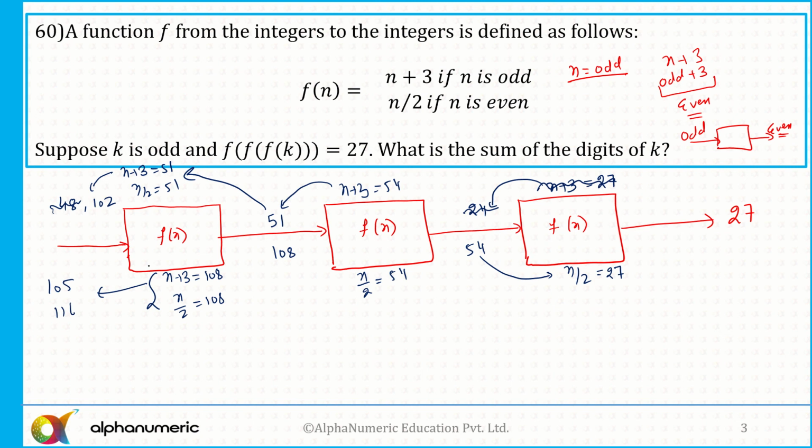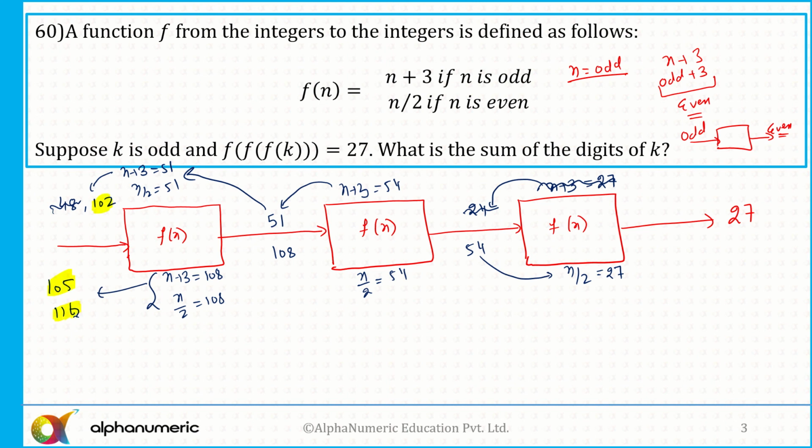Why? Because 105 is an odd number, so 105 plus 3 is 108. And 216 is an even number, so 216 by 2 is 108. So there are three possible values of k: 102, 105 and 216 here.